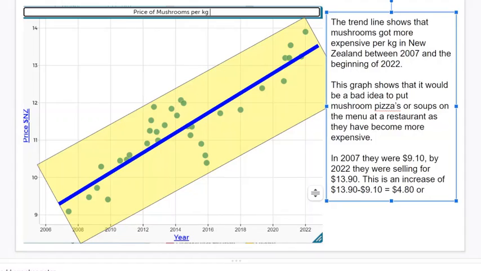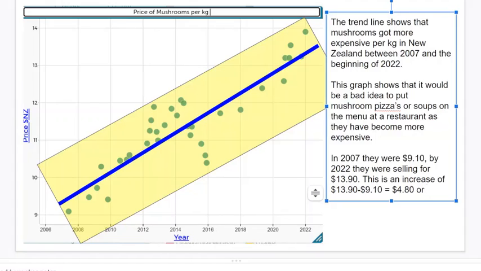On My Te Kura you have an assignment in which you have to do a trend line. So go into your literacy and numeracy classroom. If you don't know how to get there, just email me. Go to classwork and you'll see trendline assignment.